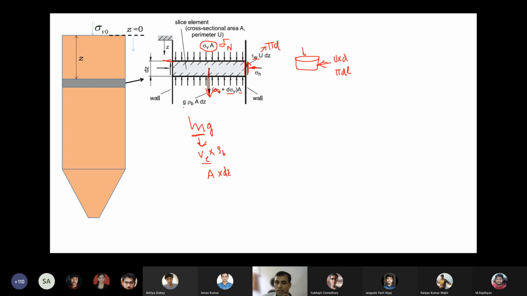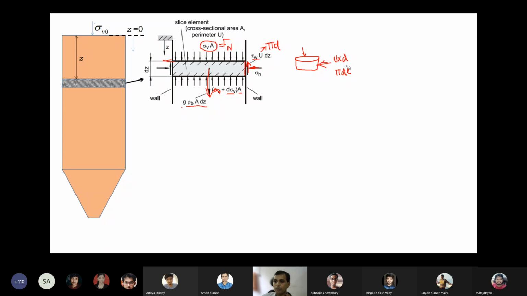So we get rho, bulk density, into A into dz. This is M and mg. So this way I got the gravitational force expression. So we have all the forces: normal force, shear force, and the gravitational force. There are three forces acting here.